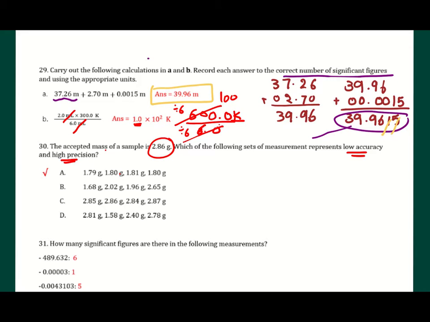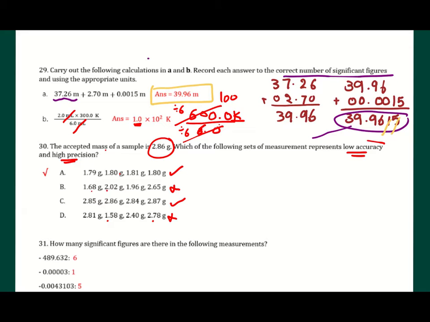Here I have numbers that are very far, 2 and 1. Here we have 2 and 1, very far. And here also the numbers are very close. So you're going to choose either A or C.